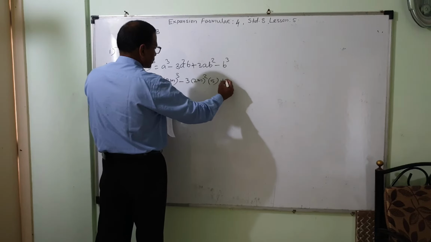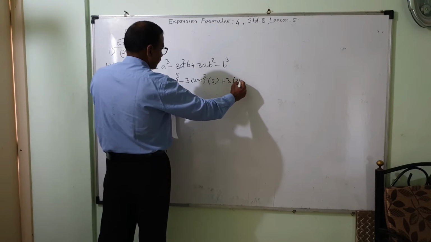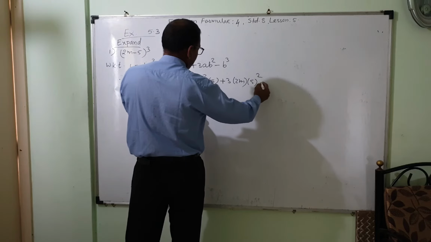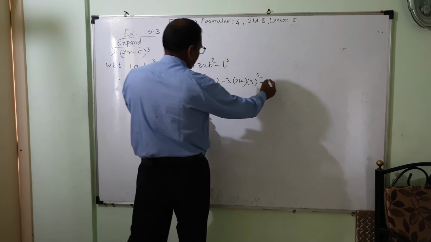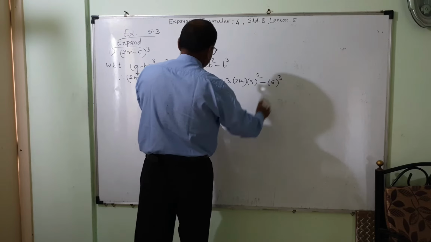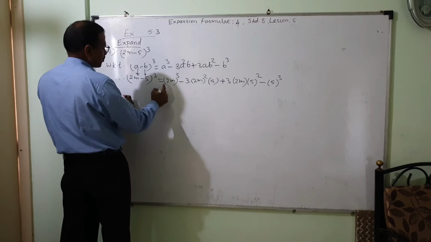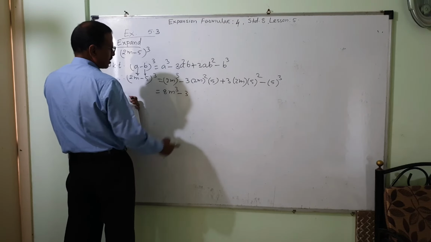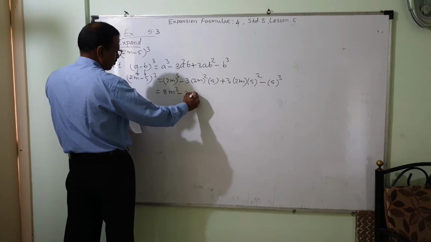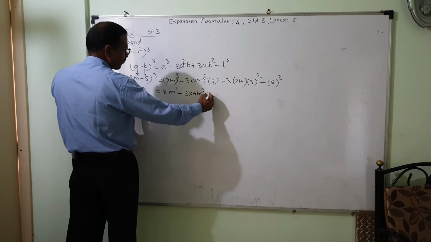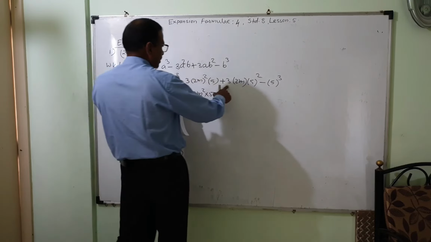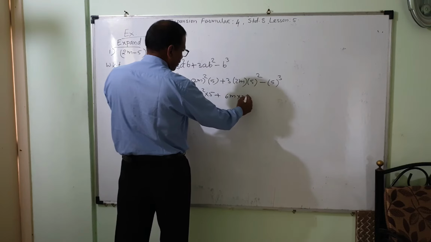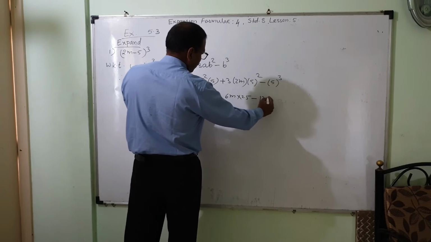So plus 3, a means 2m, into b² — b is 5 — square, minus b³. B cube means 5³. So this is equal to 2³ is 8m³ minus 3 into 2² is 4m² into 5, plus 3 into 2m, that is 6m, into 5² is 25, minus 5³ is 125.